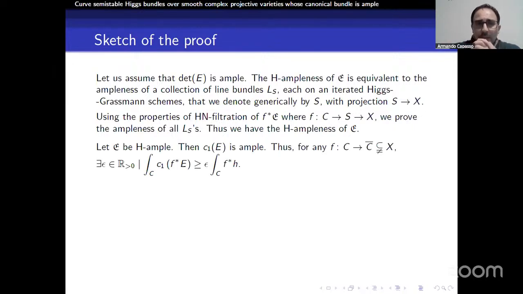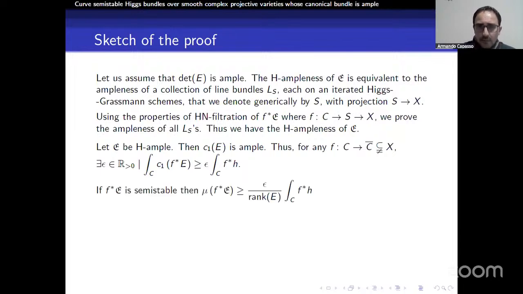On the other hand, if E is Higgs ample, first of all, the first Chern class of E is ample. Thus, for any f from C to X, there exists a real positive number epsilon such that the degree of the first Chern class of f pullback of E to C is greater or equal to epsilon times the degree of f pullback of H, where H is a fixed ample class over X. So we need to distinguish two cases.